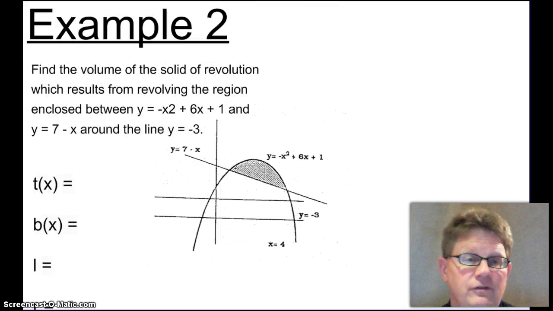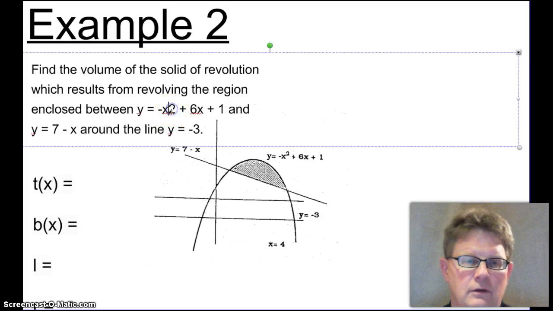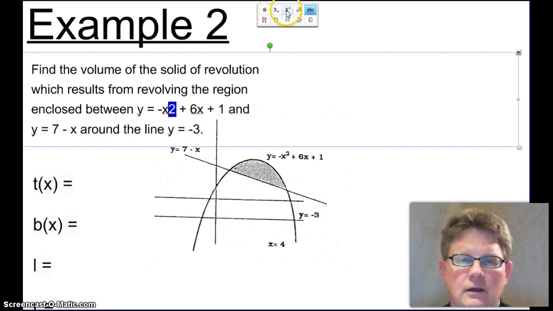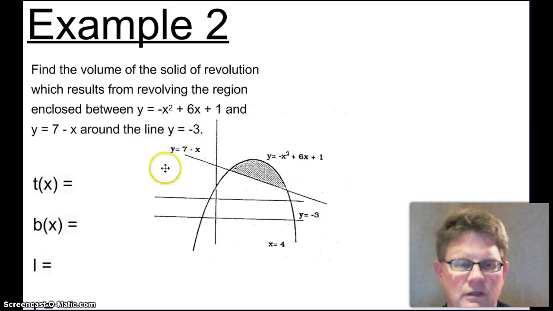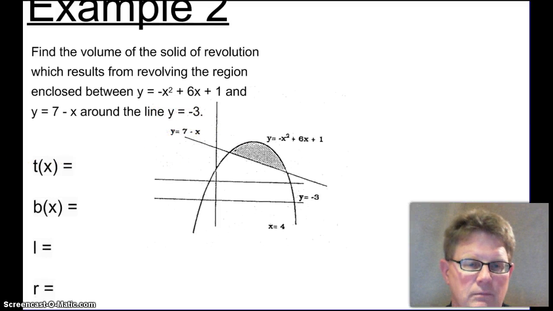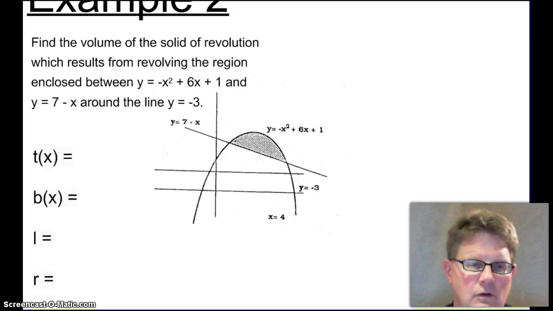Find the volume of the solid of revolution which results from revolving the region enclosed by y equals negative x squared plus 6x plus 1 and y equals 7 minus x around the line y equals negative 3. Top function is the quadratic, so negative x squared plus 6x plus 1.